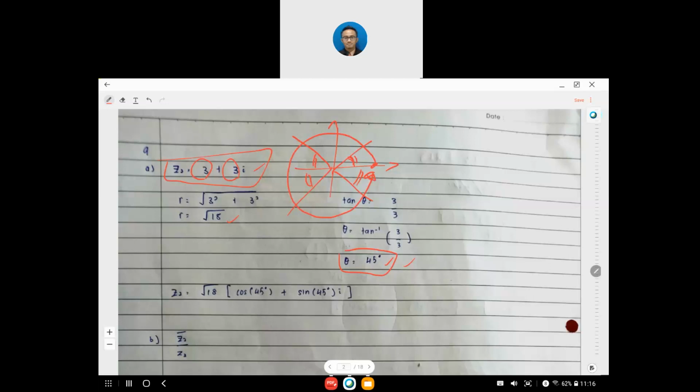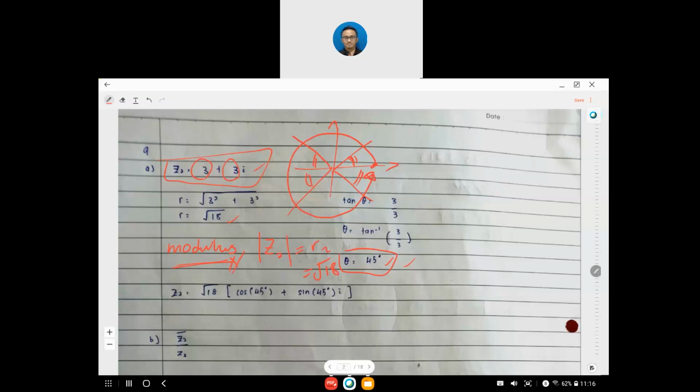Okay. Now, what is your modulus? You need to mention what is your modulus. Modulus of Z2 here equal to R2 equal to 18. Make sure we want to check here what is your modulus. Okay.